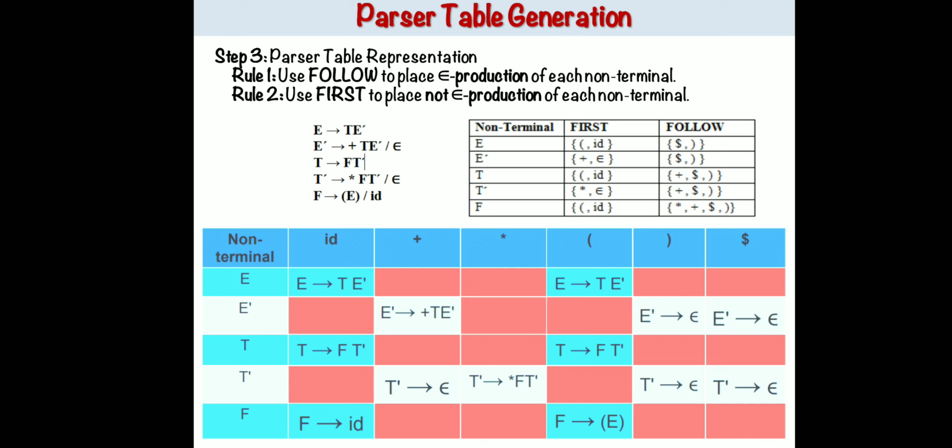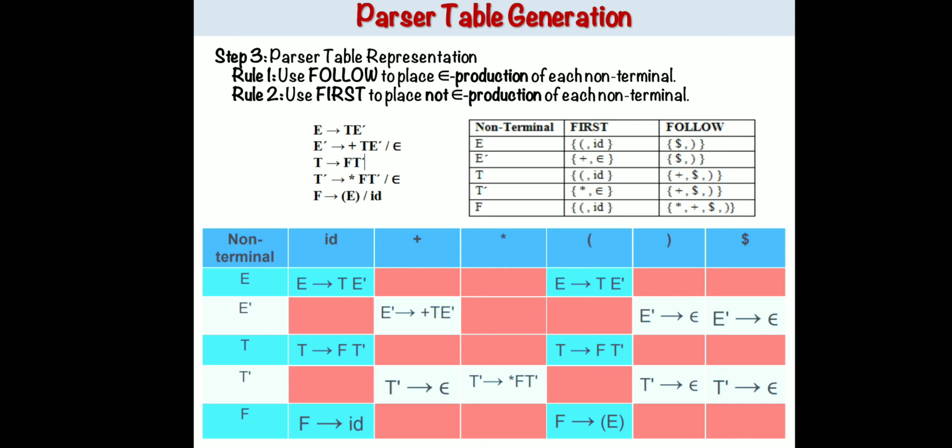Now how will we place the productions over here? There is some rule for parse table generation. If the first of E contains null, then we will consider the follow of that non-terminal.